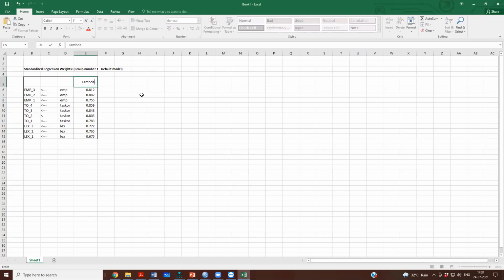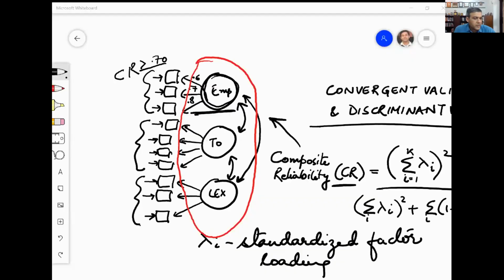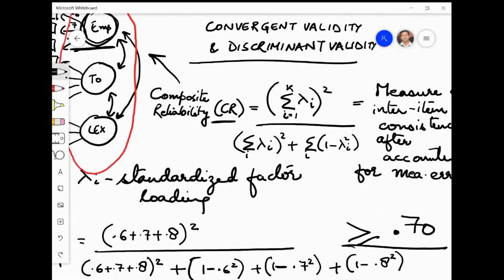If I were to remind you of what we were doing, we had said composite reliability, this was our formula: summation lambda i whole square divided by summation lambda i square plus summation 1 minus lambda i square, where lambda i is the standardized factor loading.